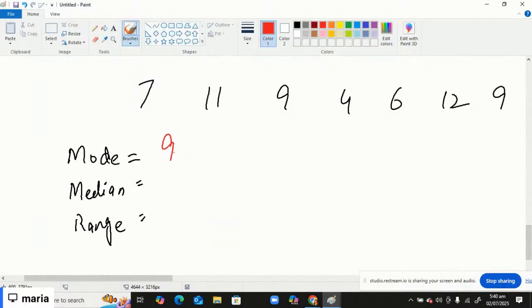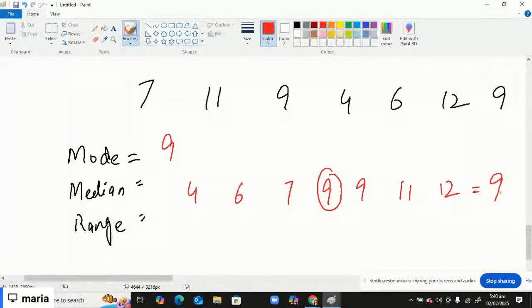Now what is median? Middle number. First arrange the data and then tell me. First we arrange it: 4, 6, 7, 9, 9, 11, and 12. So 3 from this side, 3 from this side, and again 9 is the median. Median is also 9. Now write down the range.